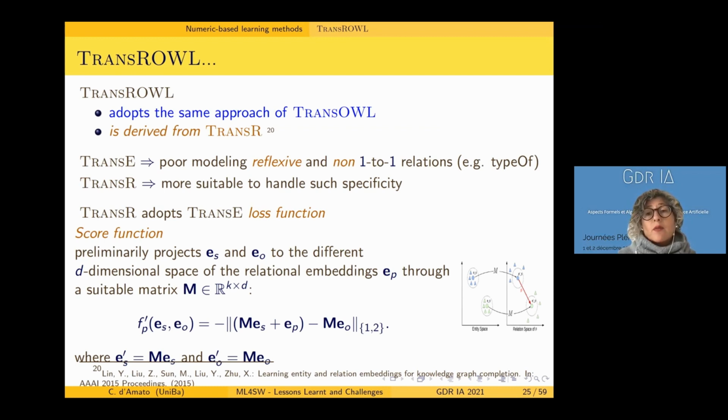TransR adopts the very same loss function adopted by TransE, but a different scoring function, which is again grounded on a notion of similarity, but the score function adopted by TransR first projects the embedding vectors of the subject and the object into a different embedding space with respect to the one of the vector embedding the relationship, and the two spaces are put together by the use of suitable projection matrices, which is this M depicted here.